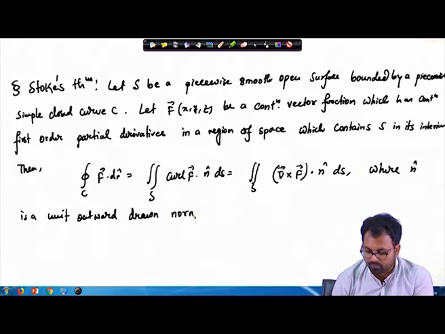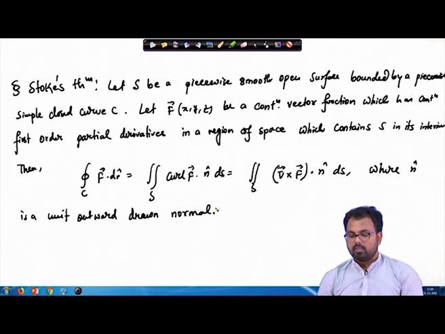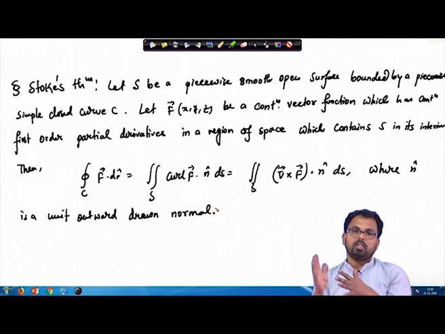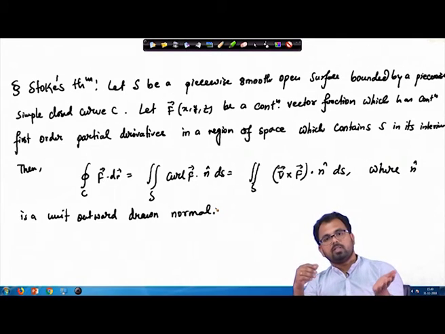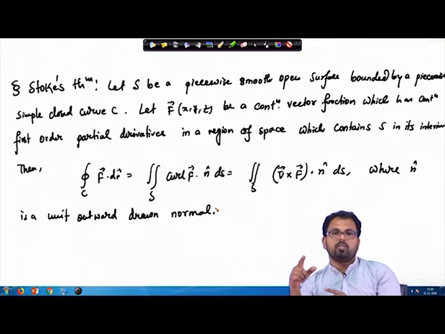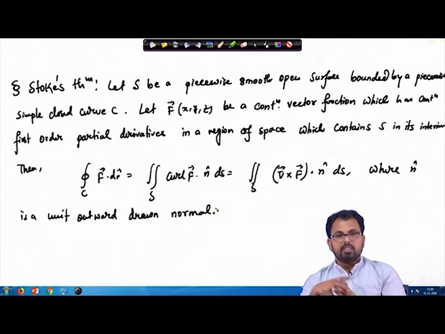All right. So, this is the required statement, and of course, if you are walking along the curve C, then your surface S must lie on the left hand side. So, that is how you choose the curve C, that the orientation is always in the anti-clockwise direction. That is the property of this curve C, and n is the outward drawn normal. If you are walking in the anti-clockwise direction, then your surface will always lie on the left.